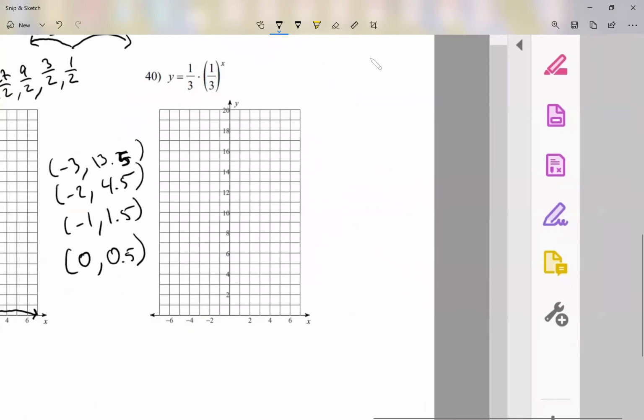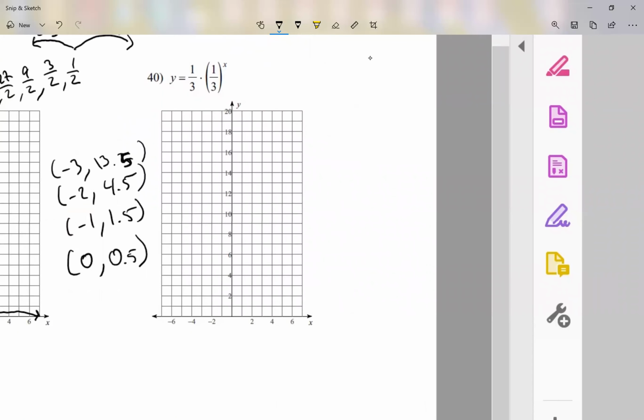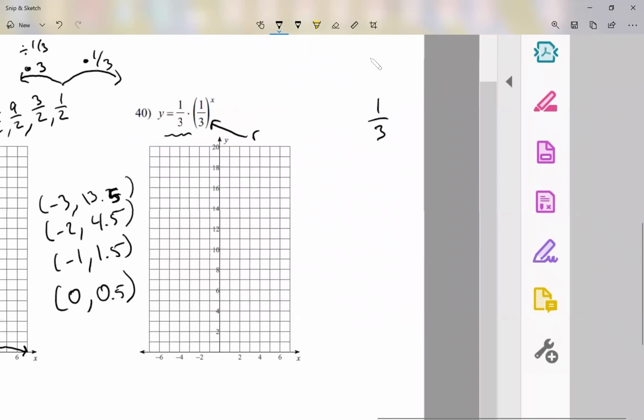Okay, so now let's take a look at number 40. My last example. My initial number is 1/3. My ratio is 1/3 as well. If I want to go to the right, I have to multiply by 1/3. And yeah, it's gonna not be nice.